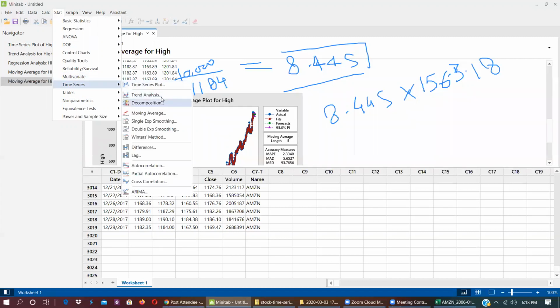So I'm just going to show you single exponential, double exponential, and the other methods. There we have ARIMA, but we are not going into it. Normally in business management, trend analysis is the important aspect to be studied, because you can see the trend and how that trend is behaving.